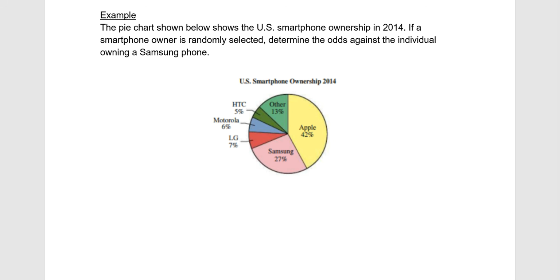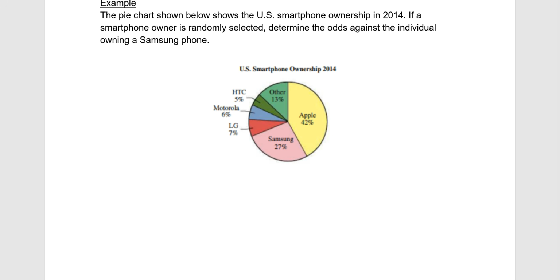For the next example, we have a pie chart which shows the US smartphone ownership in 2014. If a smartphone owner is randomly selected, we want to determine the odds against the individual owning a Samsung phone.